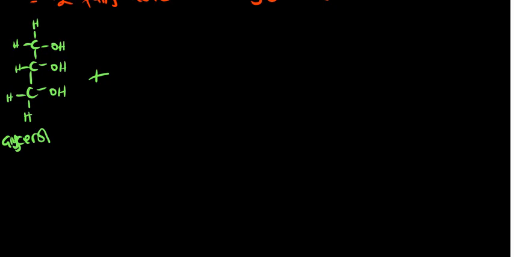So we have fatty acids here. We have three different fat acids because each of the fat acids is going to react with each of the hydroxyl groups here. Let me just draw these groups here where the fat acids will be reacting from. So we have this fat acid here.